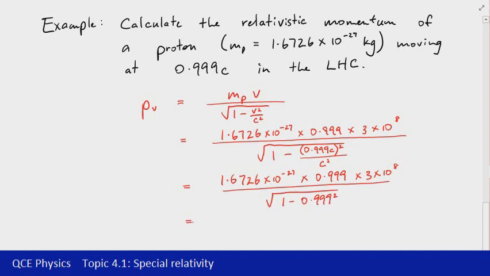And if you go through and calculate that value, you'll find that it's 1.12 by 10 to the negative 17, and the units for momentum are kilogram meters per second. So you can see there, even at moving a very fast speed, the relativistic momentum of a proton is still quite small. So there's the details that we need to be aware of for relativistic momentum.